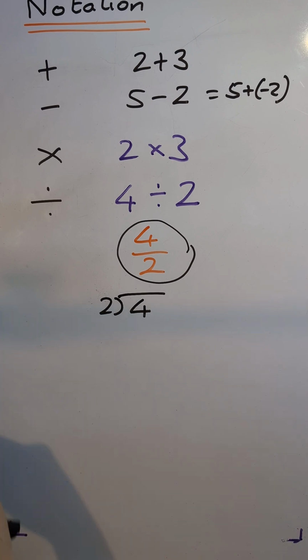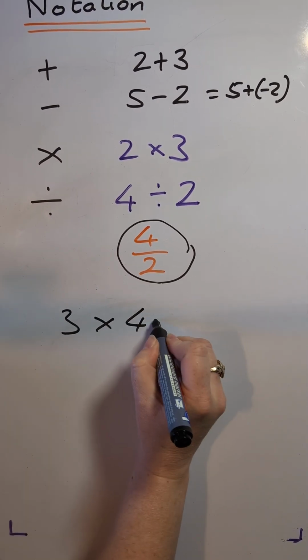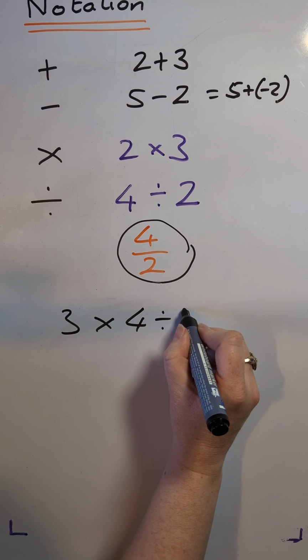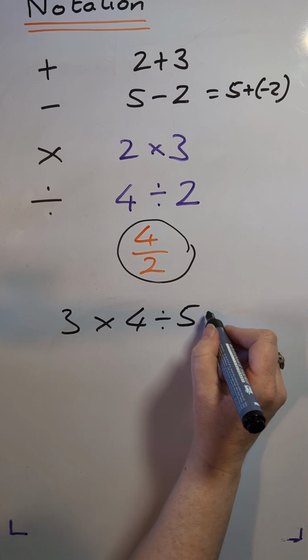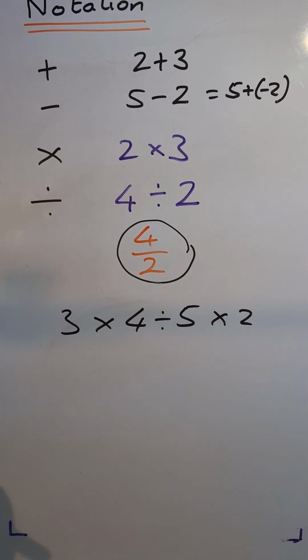When you see things on Facebook that say things like 3 times 4 divided by 5 and times 2, what is that telling us to do? The times bit's easy.